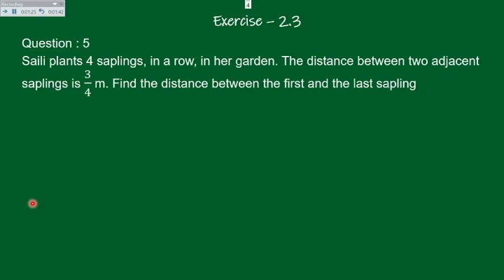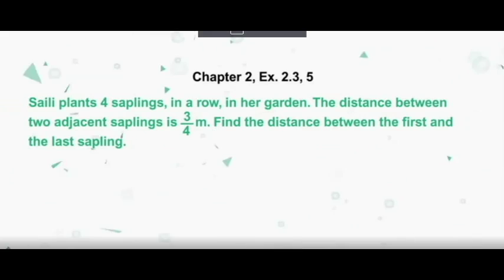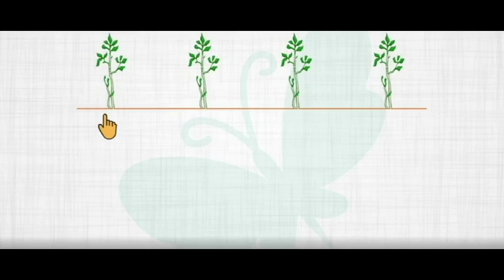So before starting this question, I want to suggest you watch one video. Look at this figure of 4 saplings. You see that? This is the first sapling, second, third and fourth. Now let's take 2 adjacent saplings. What is the distance given? 3/4 meters. So I call this gap 1.